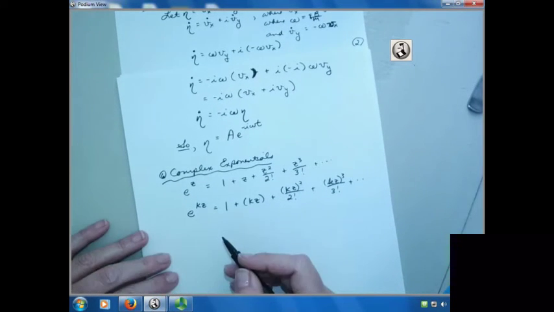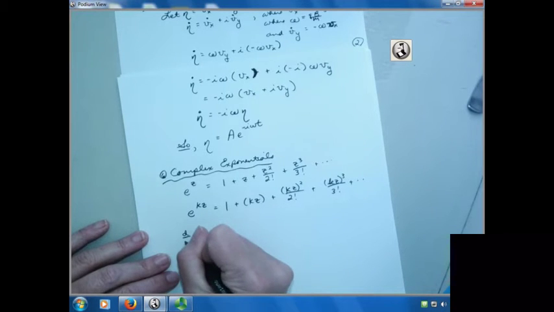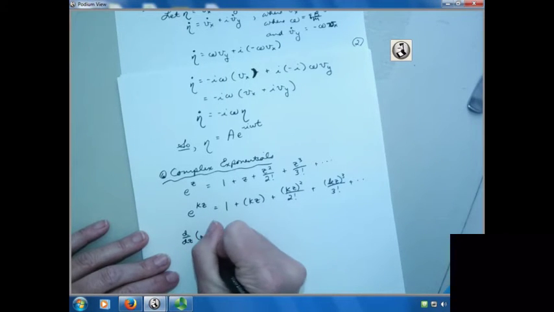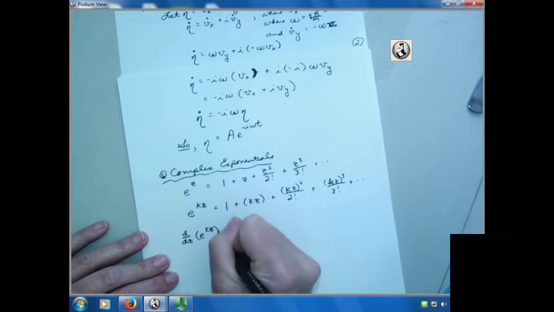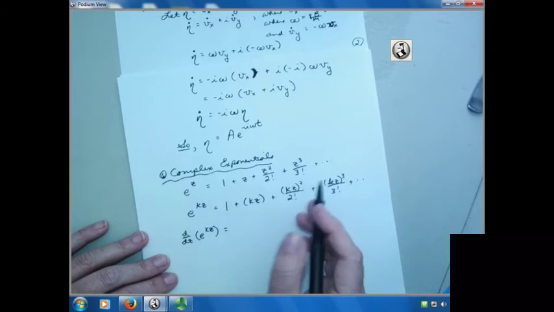All right, so if I want to take the z derivative of e to the kz, I can just use a really simple chain rule here.